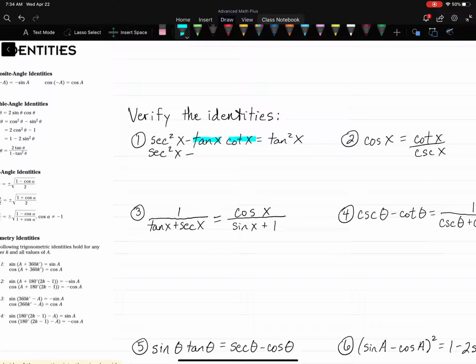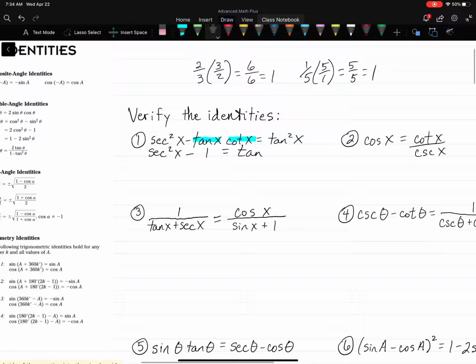Again, I'm going to use regular numbers to prove this. 2/3 times its reciprocal, 3/2, is 6/6, which is 1. That always happens. 1/5 times 5/1 is 5/5, which is 1. So when you have tangent and cotangent, which are reciprocals of each other, multiplying, they will equal just 1.